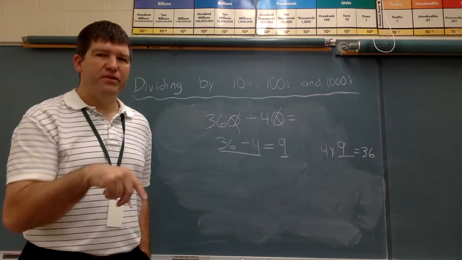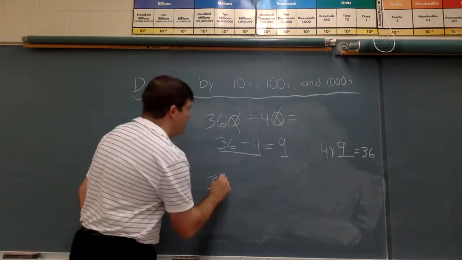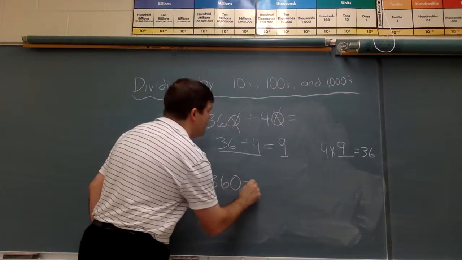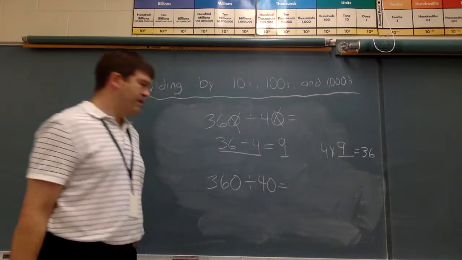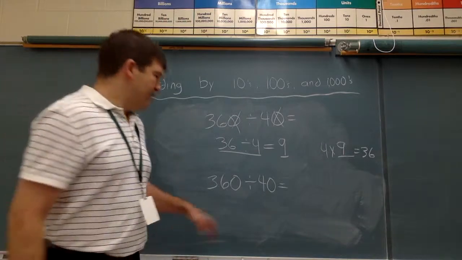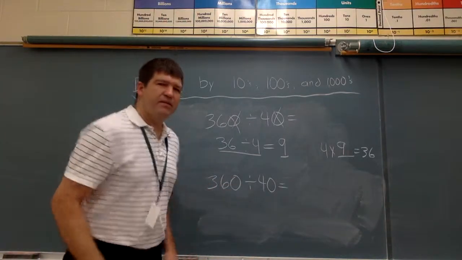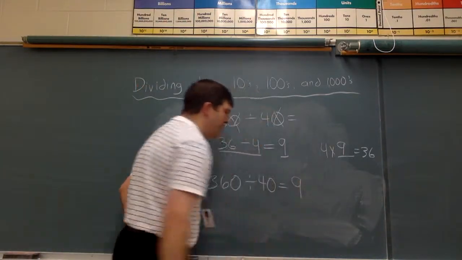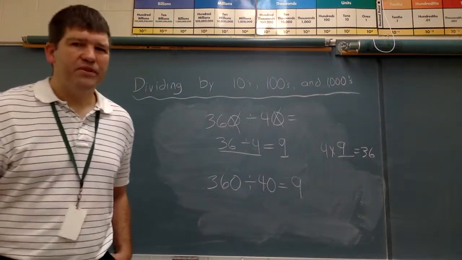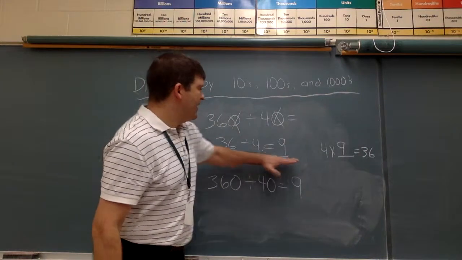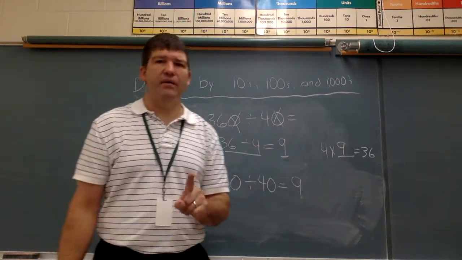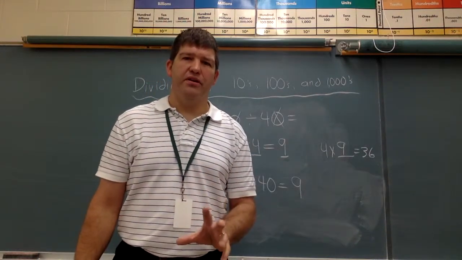Now let's go back to the original problem. 360 divided by 40 equals, now there's a lot of zeros here and things. A part of me wants to say 9, that doesn't seem right. It should be 90. But when I reduced it, I got 9. So I want to stick with that. I want to check to make sure I'm right.